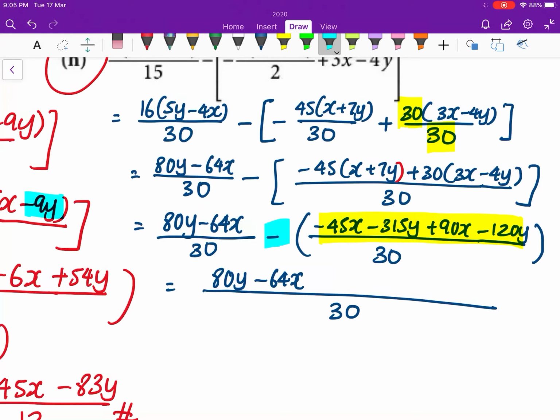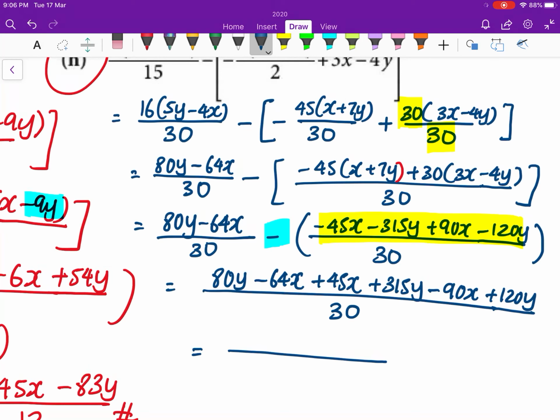So you multiply to the first term, it will become positive 45x. Negative multiply the second term in the bracket, we get positive again, 315y. Negative multiply by 90x, you get negative 90x. Negative sign multiplied by negative 120y, we get positive 120y. Okay, last step, that will be the final answer if we cannot simplify further.